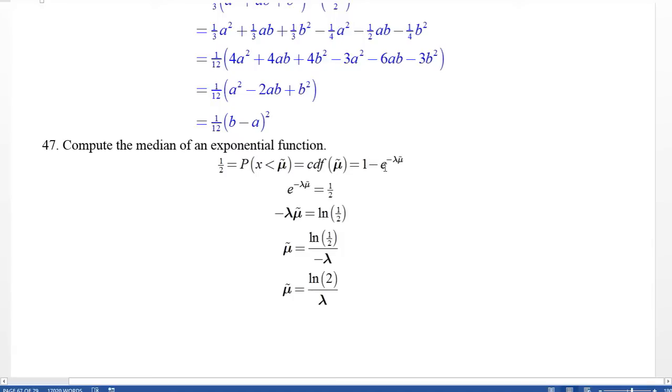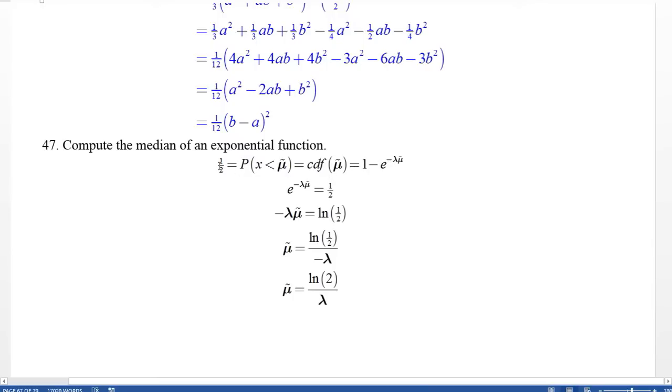So this is 1 minus e to the power negative lambda times the median. And that should be 1/2, because the probability that x is less than the median is exactly 1/2. That's the definition of the median. So we just need to solve this for the median, for mu tilde. Remember, lambda is going to be a given constant.